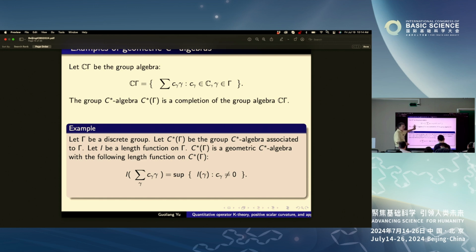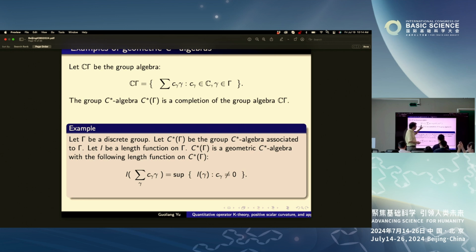So this is a highly non-commutative example, which also will be useful in some other problem I'm going to discuss in the end. So for any discrete group, we look at the group algebra. This is a very important algebra when you study topology, like what Shimo was talking about.